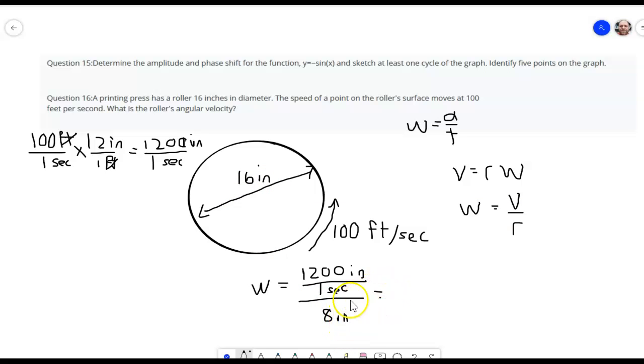All right. Now we have fractions over fractions, so I can just multiply the top, 1200 inches over 1 second, times, and I'm just going to flip the 8, so 8 is really just 1 over 8 inches. And so this is going to just be 1200 divided by 8.